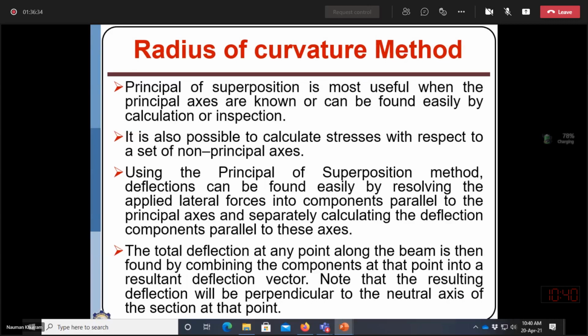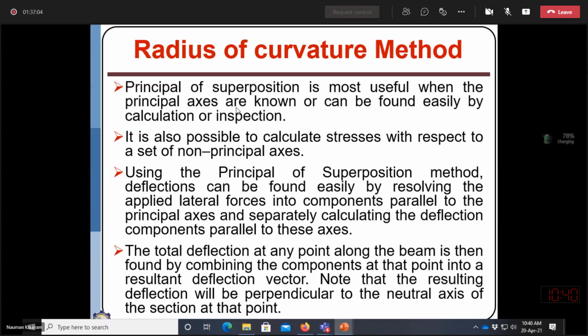Then we resolve all loadings and geometrical properties with reference to the principal axis, and then we use the principle of superposition or flexure formula, which is quite complicated. So today we are going to study another convenient, easy method, referred to as the radius of curvature method or general bending theory.